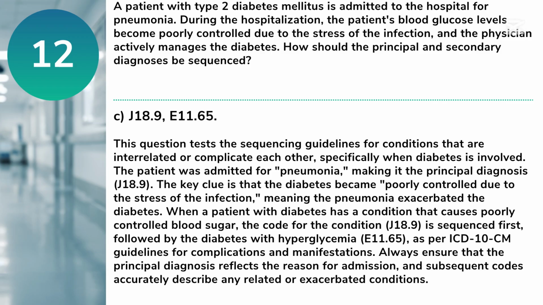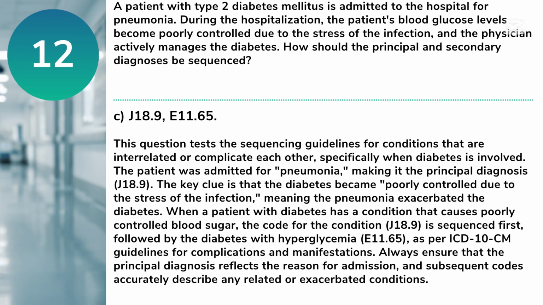When a patient with diabetes has a condition that causes poorly controlled blood sugar, the code for the condition, J18.9, is sequenced first, followed by the diabetes with hyperglycemia, E11.65, as per ICD-10-CM guidelines for complications and manifestations. Always ensure that the principal diagnosis reflects the reason for admission, and subsequent codes accurately describe any related or exacerbated conditions.